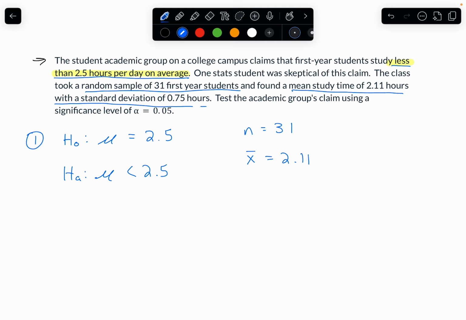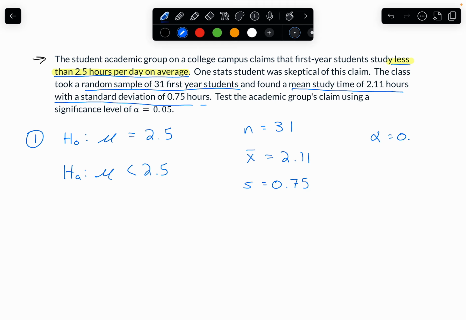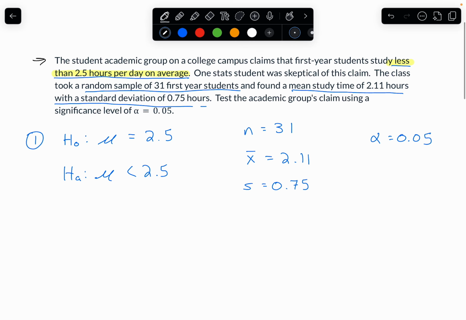That's the standard deviation of our sample, so s is equal to 0.75. And then, of course, we test the academic group's claim at a significance level of alpha equals 0.05, which is our level of significance. So we've got everything we can possibly wring out of this problem here. We'll certainly refer back to these statistics, but for now, that's a good place to start.